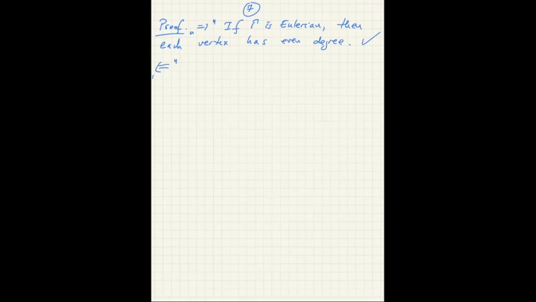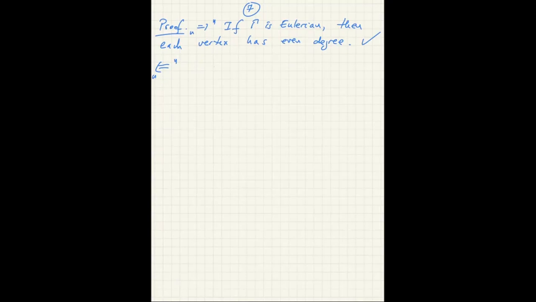So let's do the harder implication: let gamma be a connected graph, I won't write it again, with all the vertices even. Then we want to prove that there is a closed trail that contains every edge of the graph exactly once.